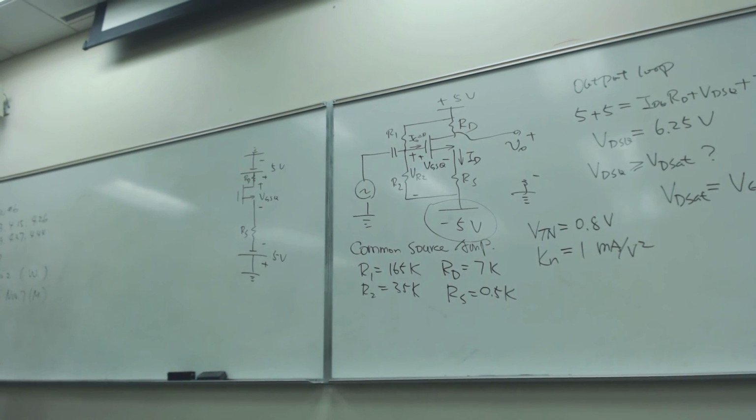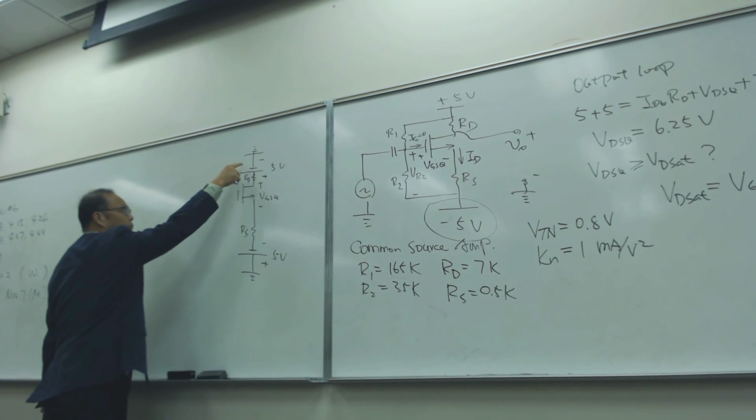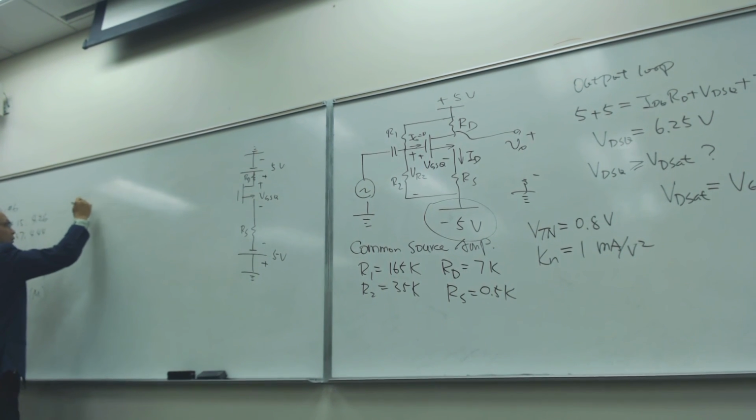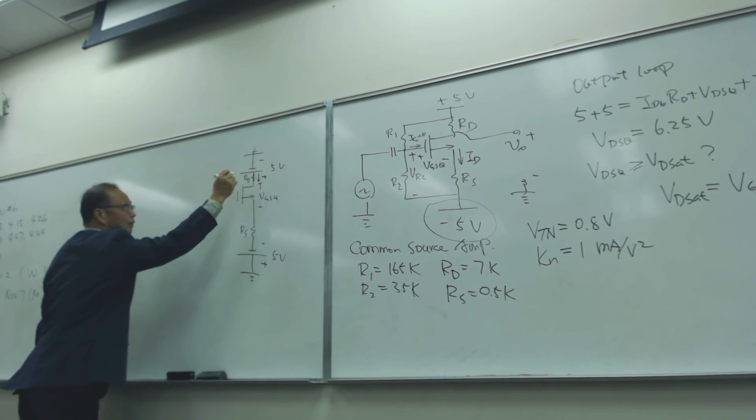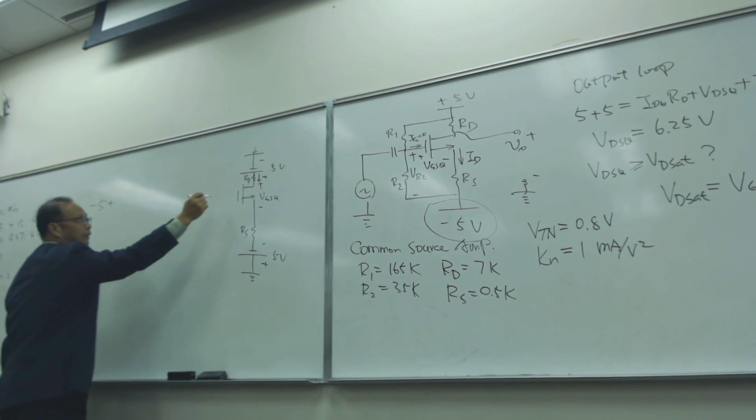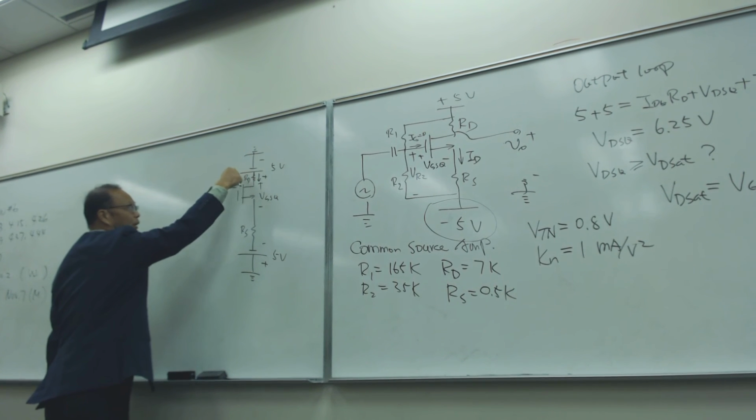You have learned this before, but I just want to make sure that you really know how to do this, because if you don't, you're going to have lots of problems. So you go from minus to plus, so that's a minus, okay? And then there's a current.